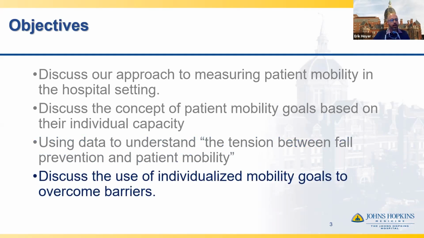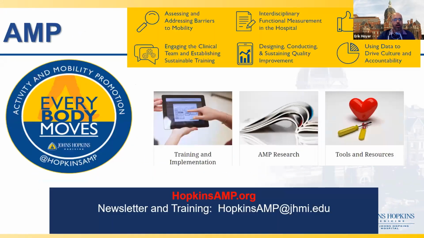And then we'll be discussing the use of these individualized mobility goals to overcome barriers and some of our strategies for that. So that's going to be the map of today's talk.